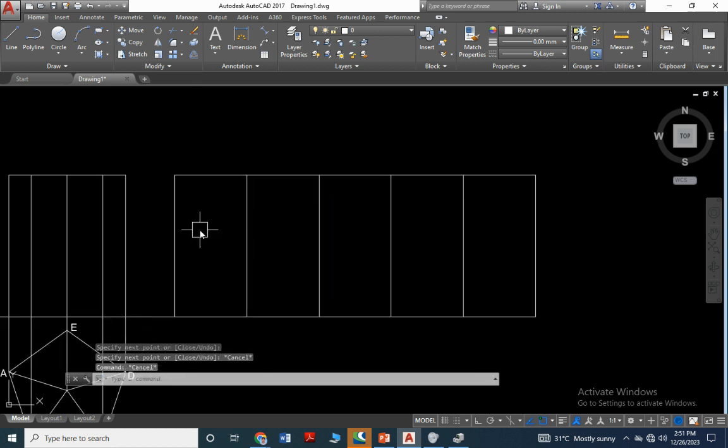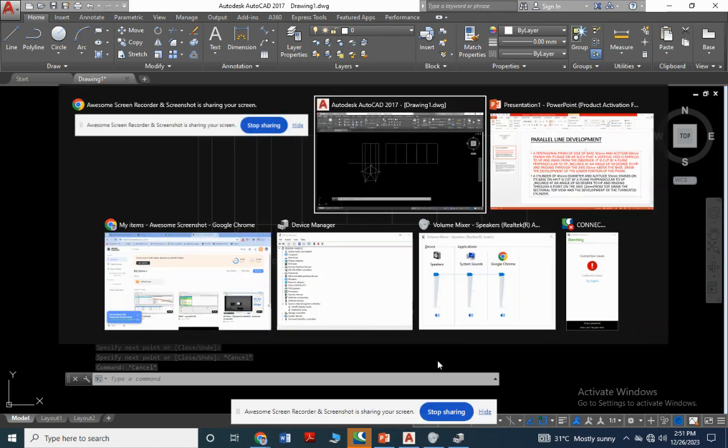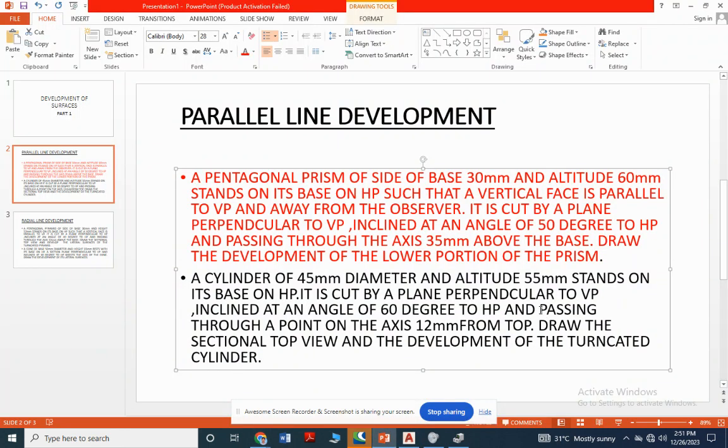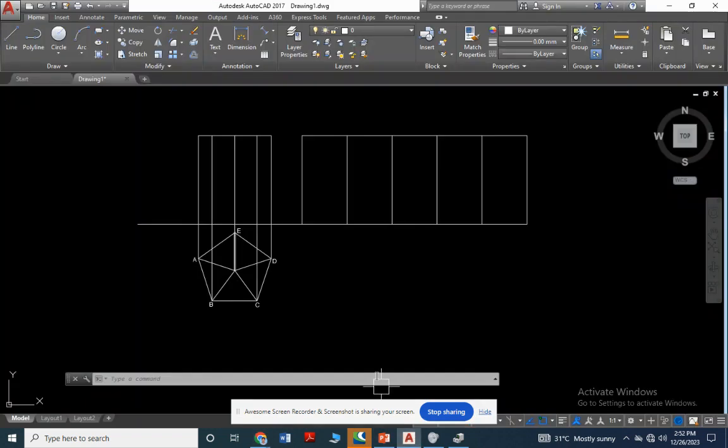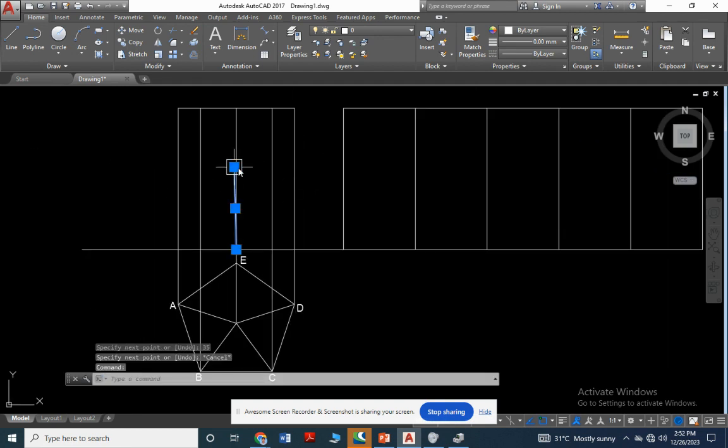Now the section plane is cutting at a 50-degree incline, and it is passing through 35 mm above the HP. Open this. Measure the 35 mm and draw the horizontal line.